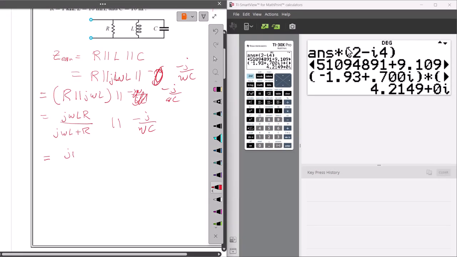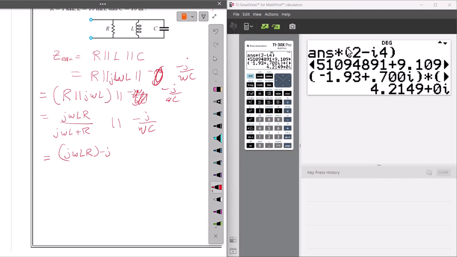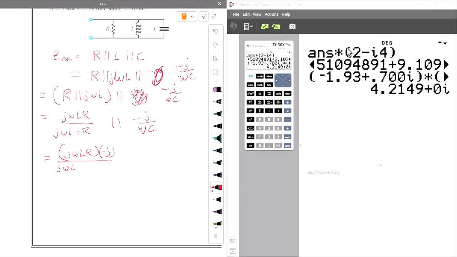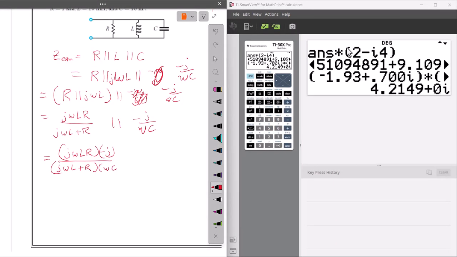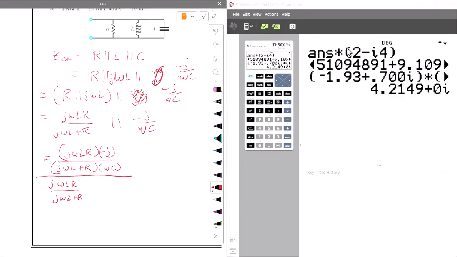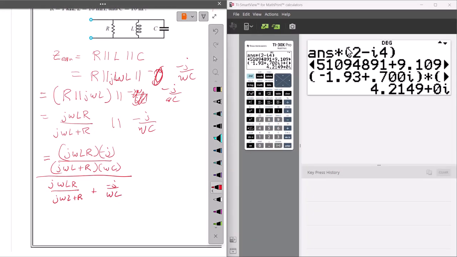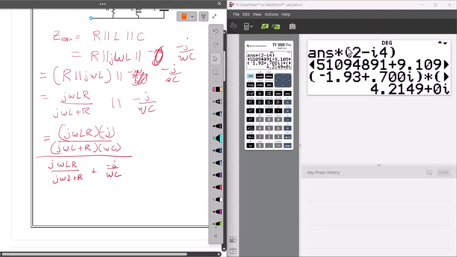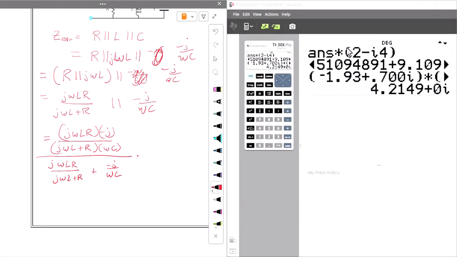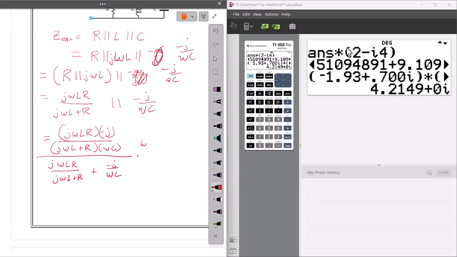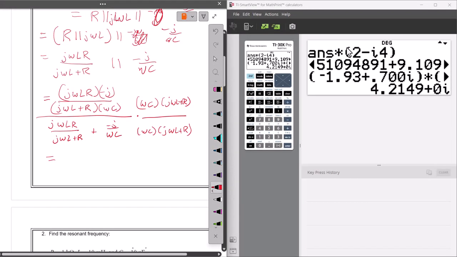So that will be j omega L R times minus j over omega C over j omega L R over j omega L plus R plus minus j over omega C. Now, to do this, I'm going to multiply by the common denominator of the denominator, omega C times j omega L plus R over omega C times j omega L plus R. The nice thing about that is in the numerator, that will cancel.